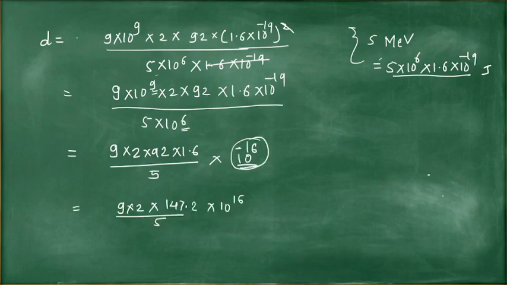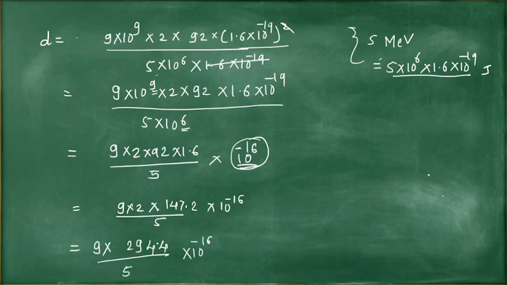Then next, 92 into 1.6 becomes 147.2 into 10 raised to minus 16 upon 5. Then solve this.